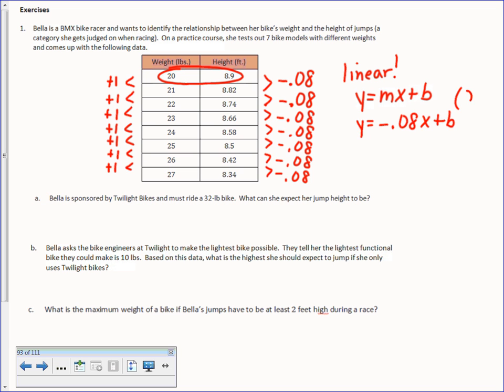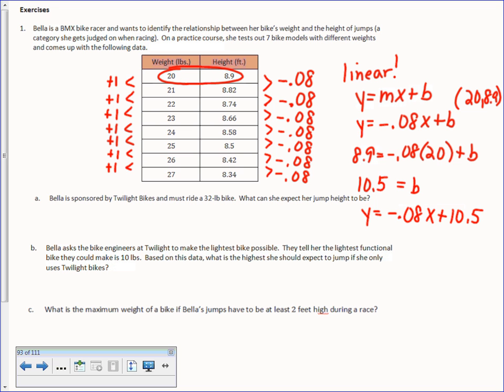And when I substitute in 20 comma 8.9, I'm going to get 8.9 is equal to negative 0.08 times 20 plus b. And when I solve all of this, I'm just taking a shortcut, I get b to equal 10.5. So my equation is y is equal to negative 0.08x plus 10.5. It is a linear function, and that is the equation.